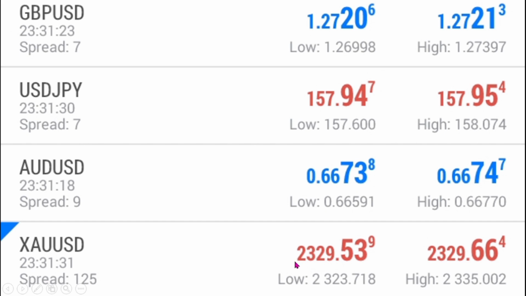Right, I'm adding 5 pips. That is, I'm in a bullish trade. If it is a bearish trade, I want to subtract 5 pips right away from this price point, which will give me 2329.03.